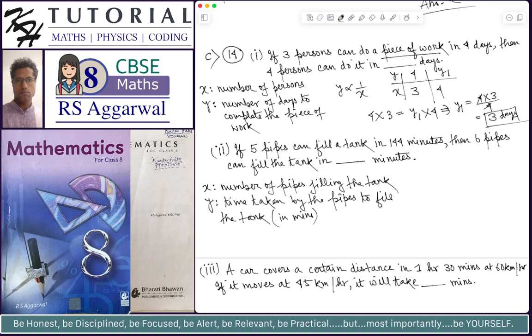So clearly the time taken to fill the tank will be inversely proportional to x. That is, the more the number of pipes, the less time it will take, and the fewer the pipes, the more time it will take.